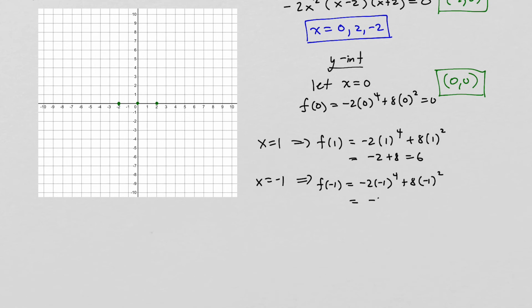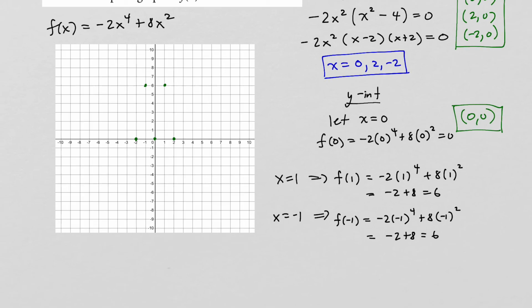And this is also negative 2 plus 8, which is 6. And so we can see at positive 1, we have a y value of 6, and at negative 1, we have a y value of 6. And so this is kind of interesting. This function seems to be behaving rather strangely.